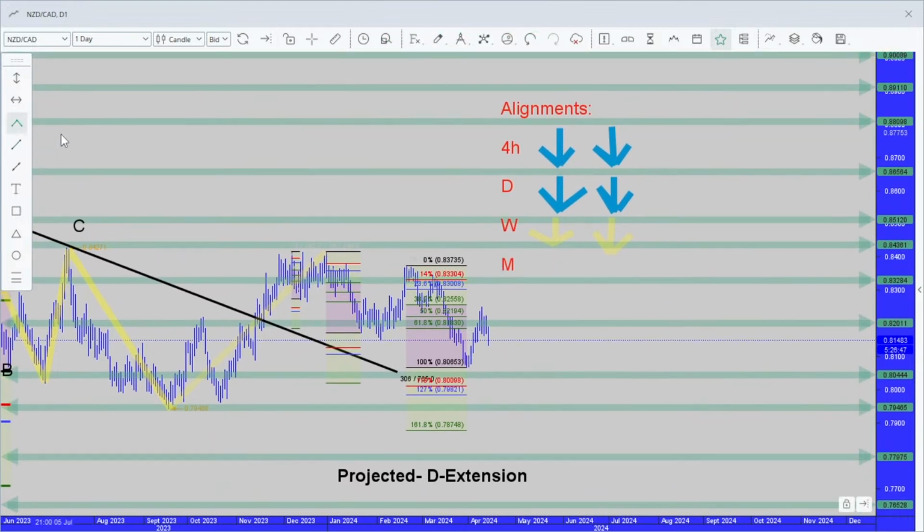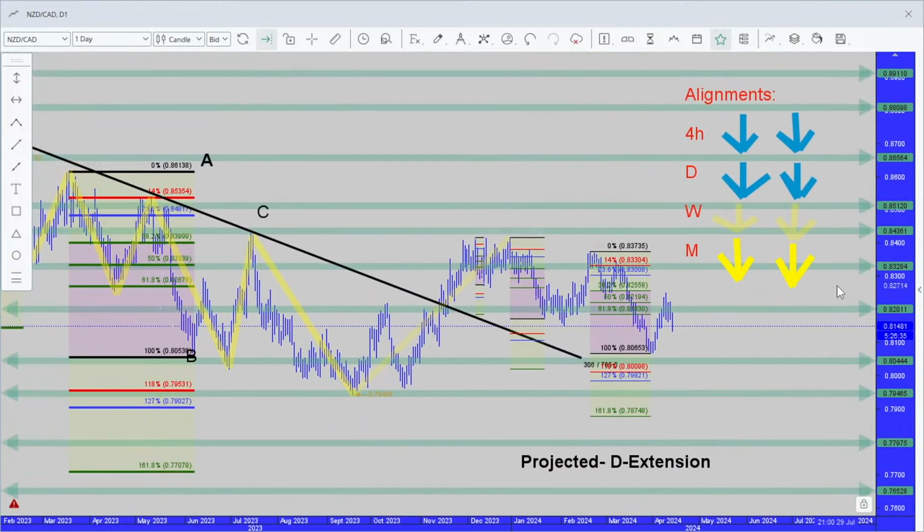NZD is an example of a textbook where you have the 4 time frames aligned right now. You have the original Fibonacci and the confirmation Fibonacci going down.